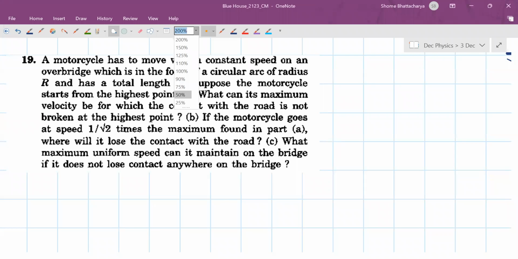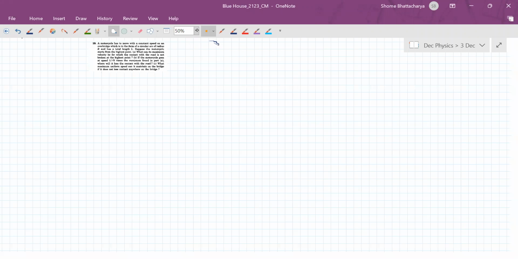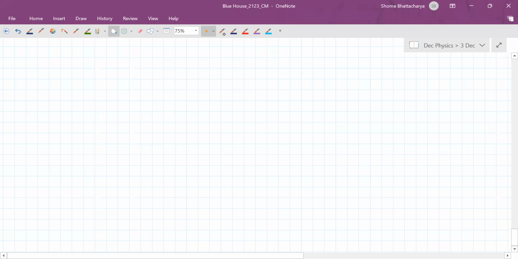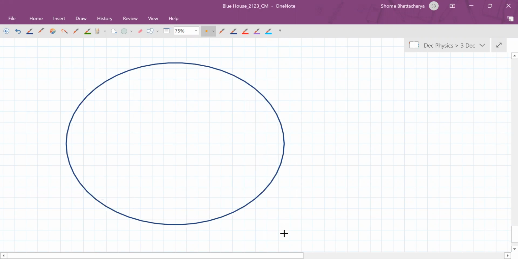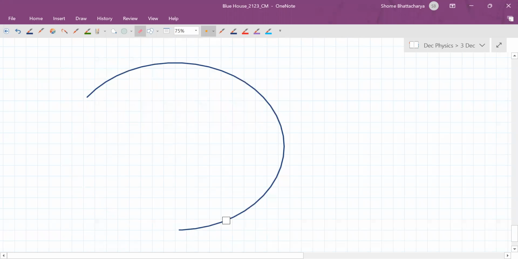Okay, so let me explain the question with a visual picture. Let's say the overbridge is a circular arc like this.